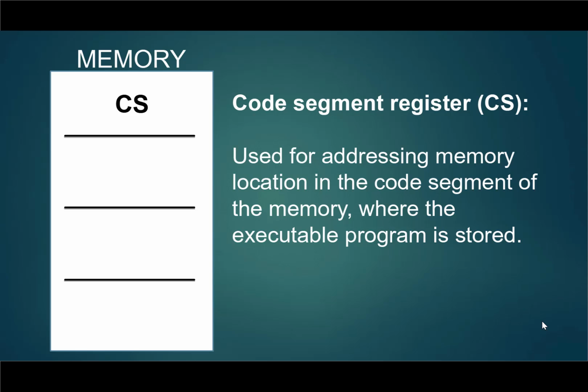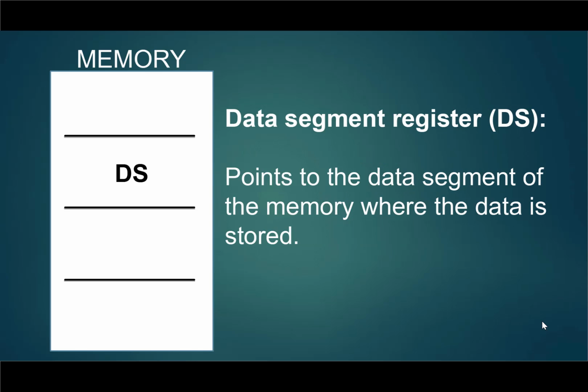So logically we divide the memory into 4 segments. The first is the code segment. The code segment is where you will put your main program. A microprocessor is supposed to do a function, an operation, and as a programmer you will be feeding the code, and that code will be stored in the code segment.